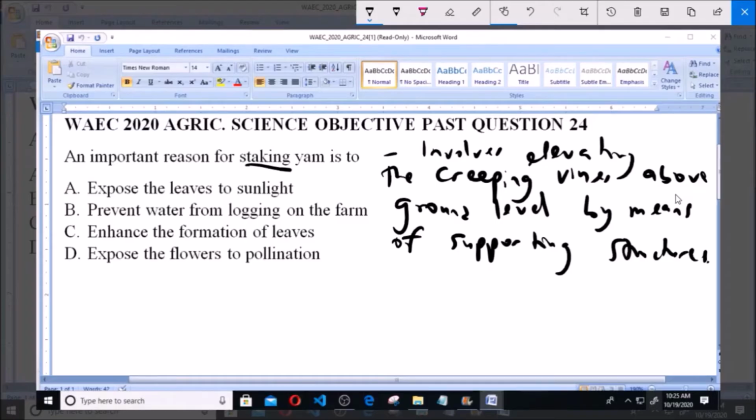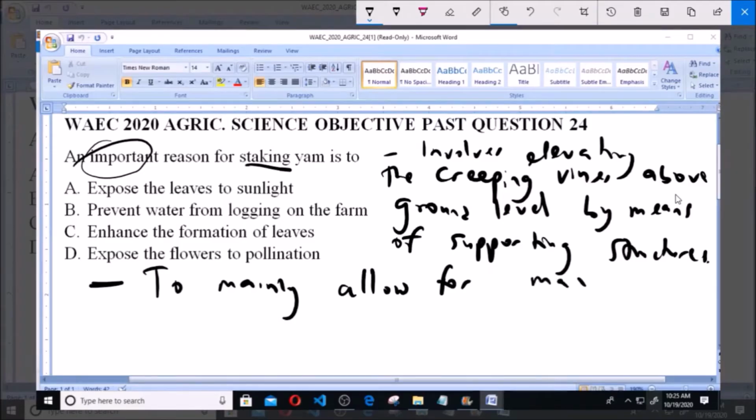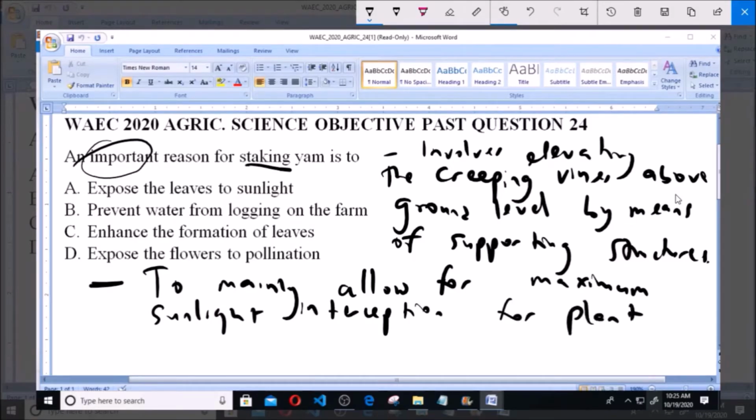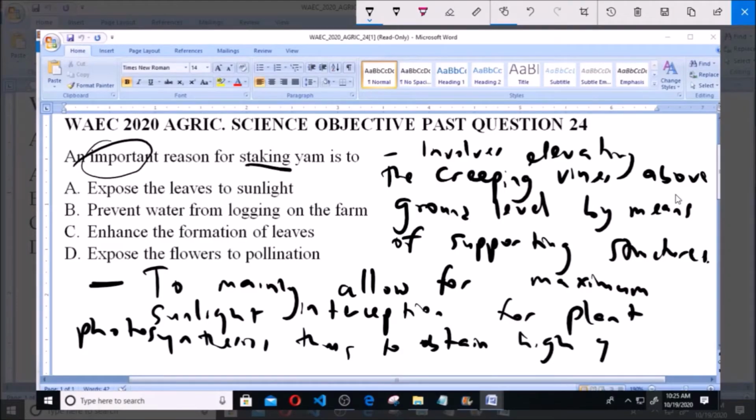The important reason for staking yam is to mainly allow for maximum sunlight interception for the purpose of plant photosynthesis, thus to obtain high yield.